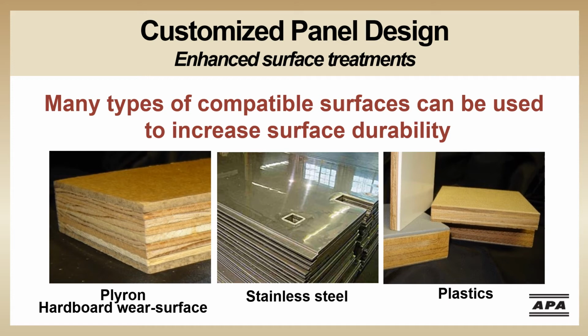Steel and other metallic sheets can be laminated in secondary processes like the center photo of plywood that will be used in the floors of mass transit rail cars. On the right are samples of plywood having different thicknesses and types of plastics laminated to the surfaces to increase the durability of the panels.